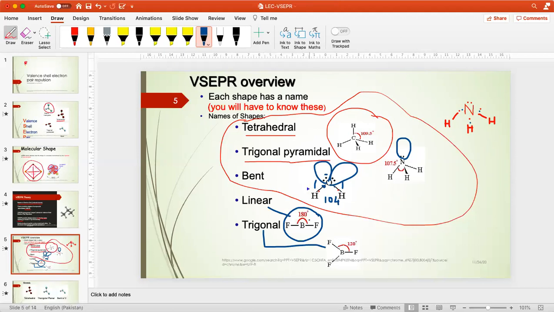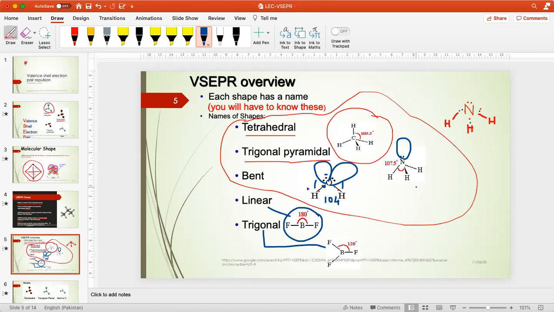So यहाँ पे 180 degrees है and here is the angle 120. जब 2 attachments हैं तो linear structure हैं, जब 3 attachments हैं तो trigonal well defined structure. But here is the exception. ठीक है, so what is the outcome? The outcome is this, that the shapes are totally dependent on the lone pair repulsions.